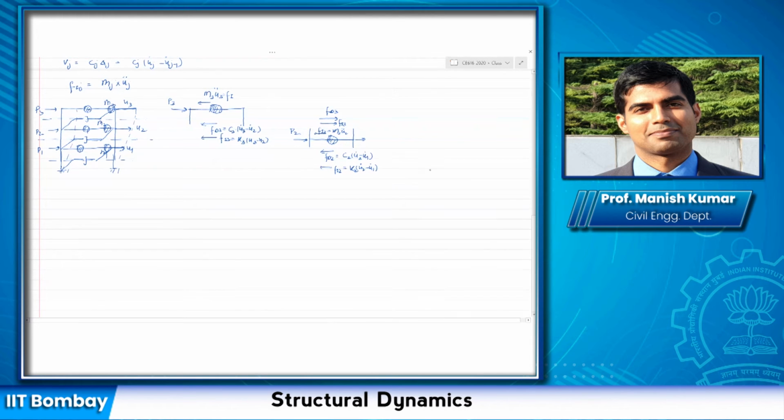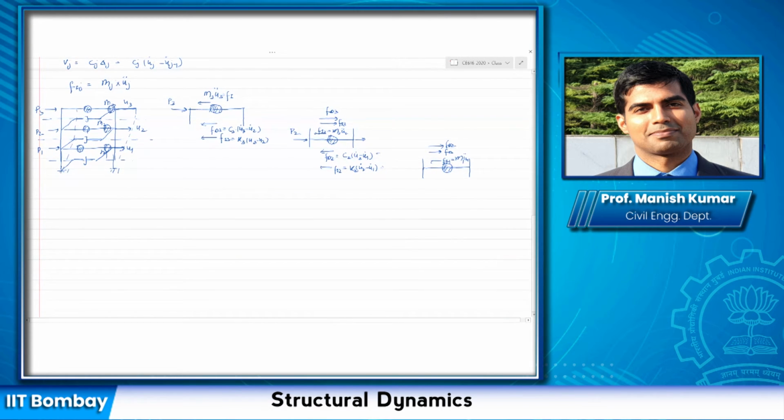For the first story, I again have forces from above and forces from below. Forces from above would be equal and opposite to these forces, so I would have Fd2 here and Fs2 here. Now this is M1, so I would have Fi1 equal to M1 times U1 double dot.